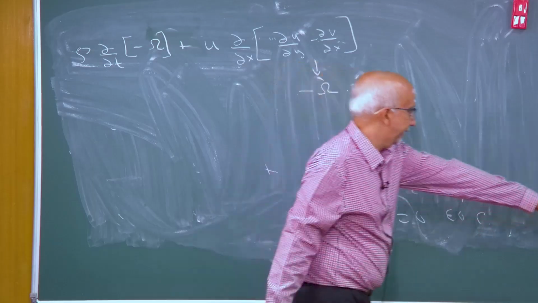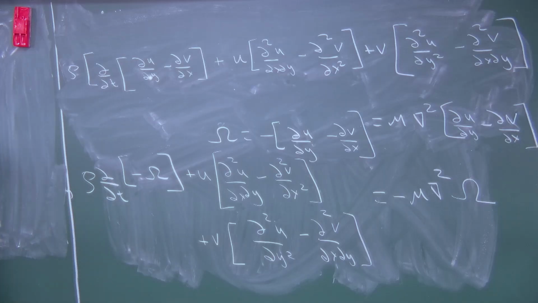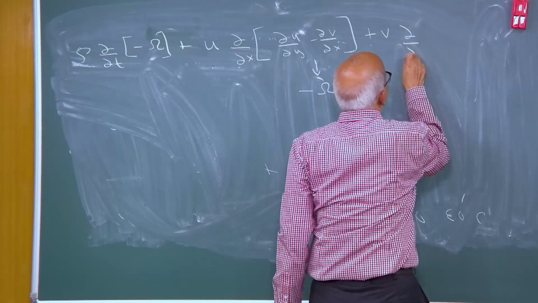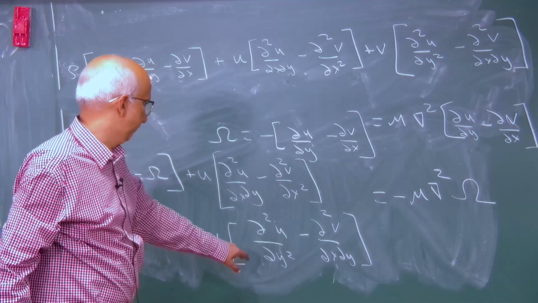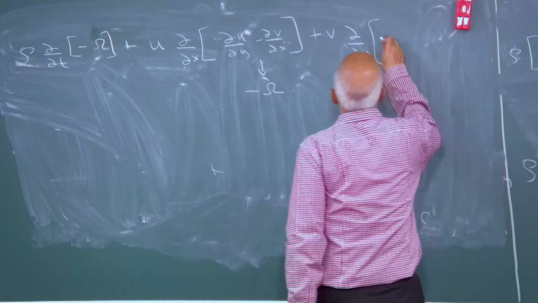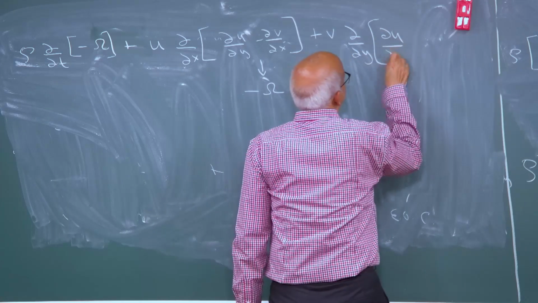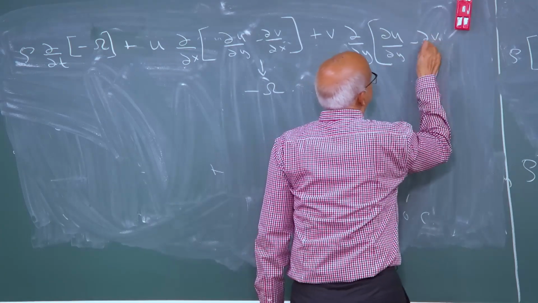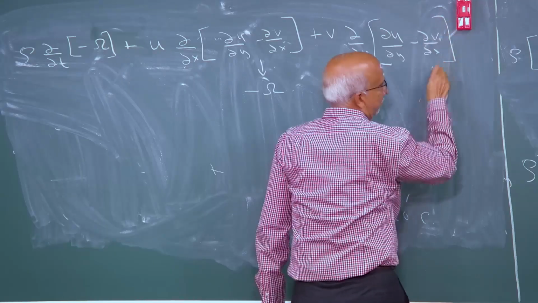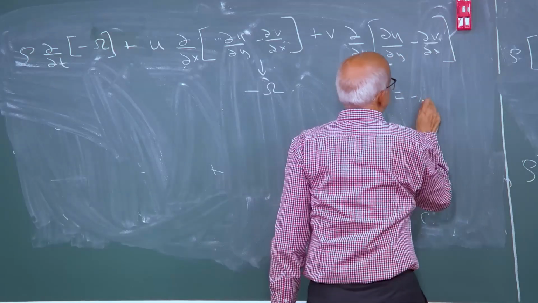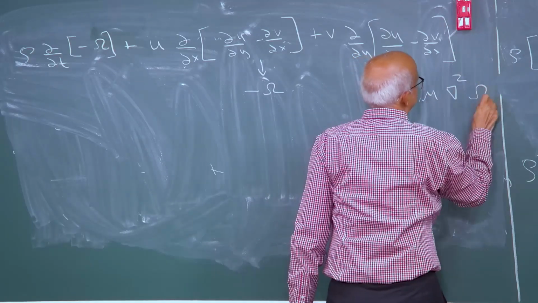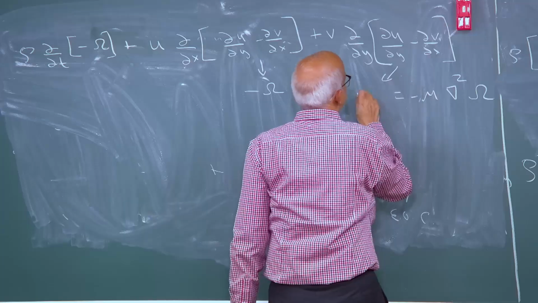And then the other one, plus v, I take out common d by dy and I get du by dy minus dv by dx. And on the right hand side I have minus mu del squared omega, and this again is omega.